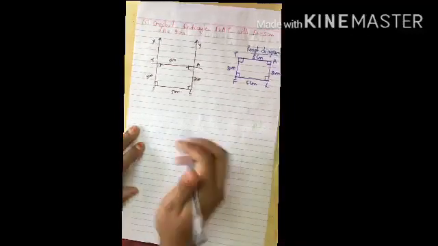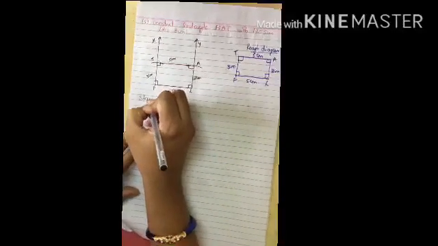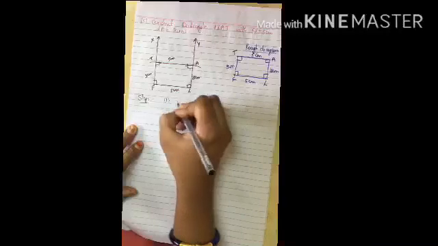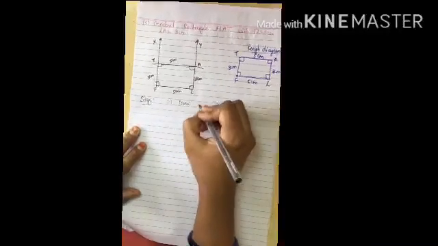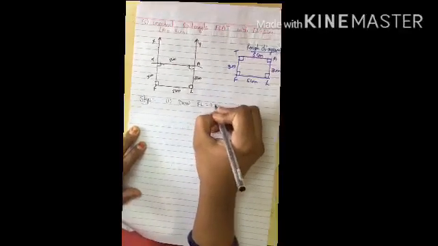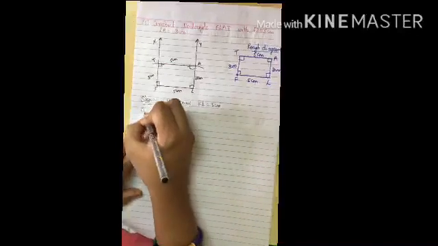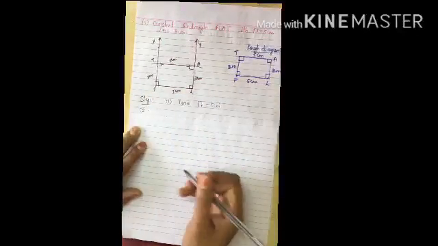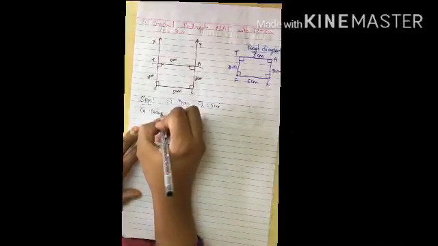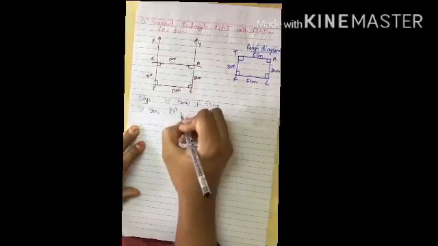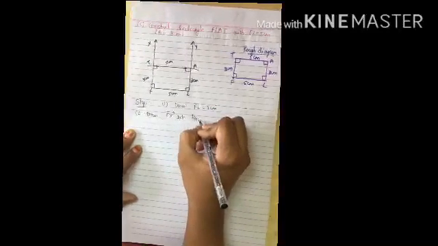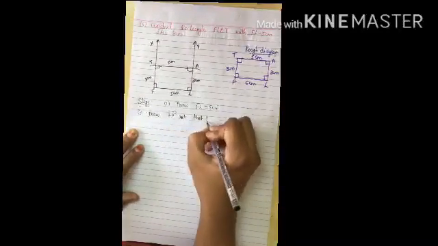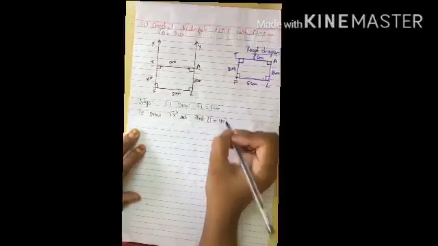Coming to steps. First step, draw FL line segment 5 centimeters. Next, don't write 'take protractor' and all. Draw FX ray such that angle F equal to 90 degrees.